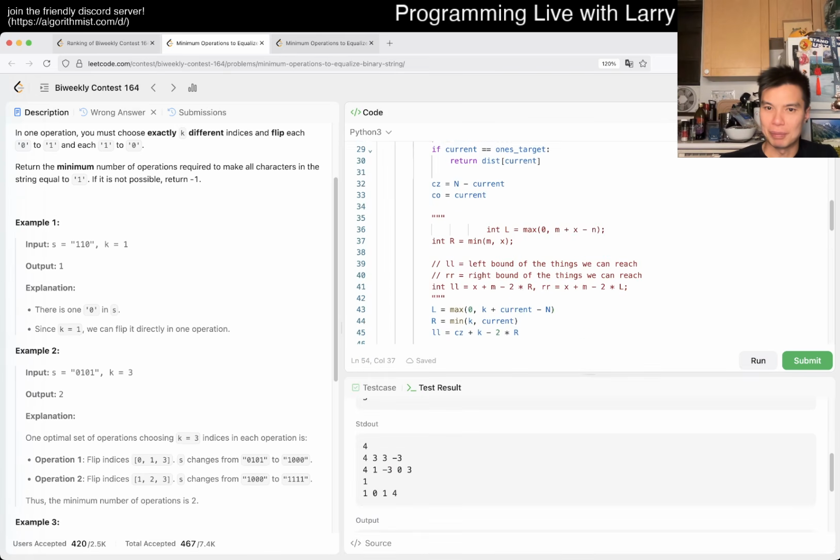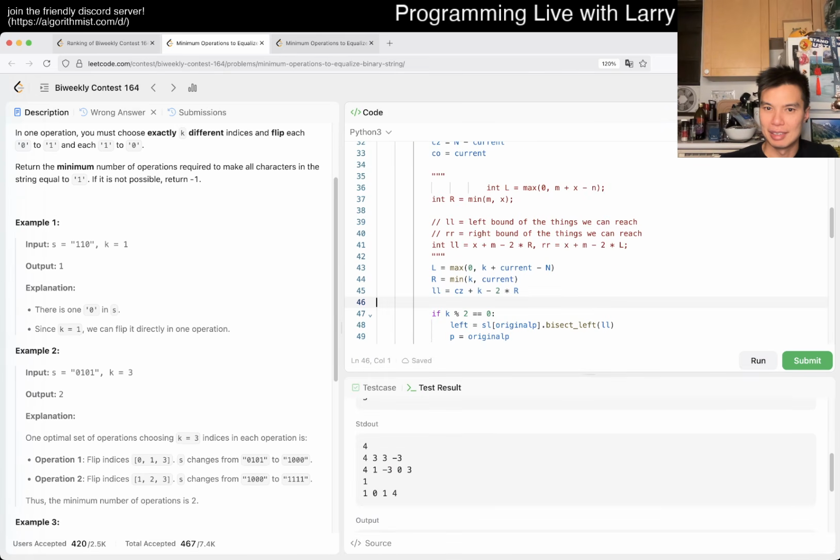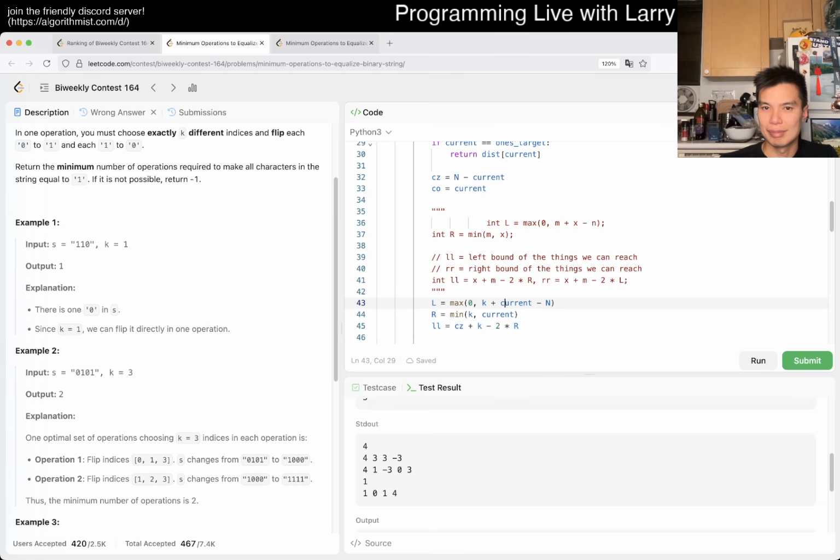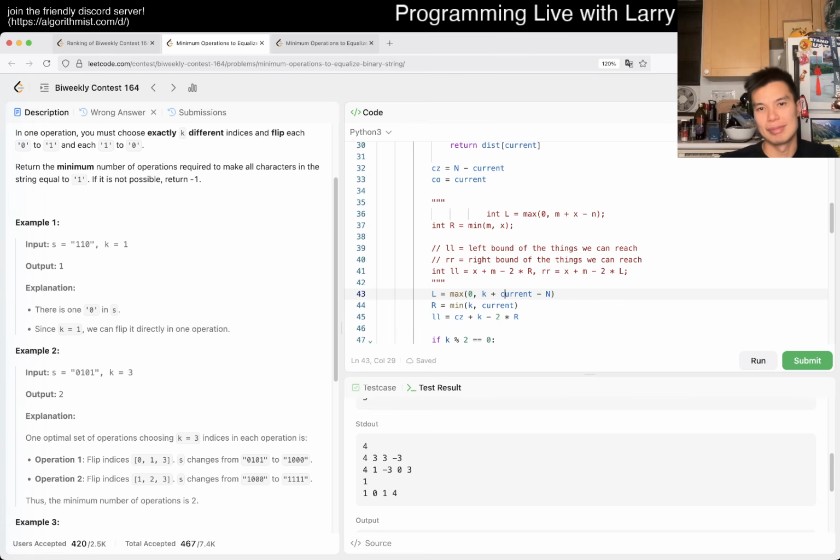So maybe we have to flip the signs a little bit, because the values don't make sense necessarily. Something like this.